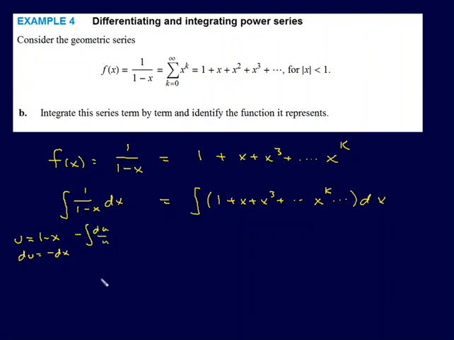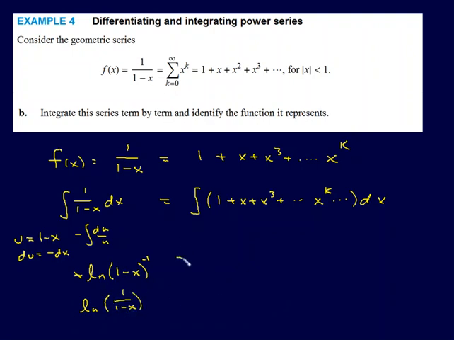So we know that's a natural log, and the negative in front, this will be the negative natural log of 1 minus x. You could go ahead and bring that minus 1 up there and make this the natural log of 1 over 1 minus x.